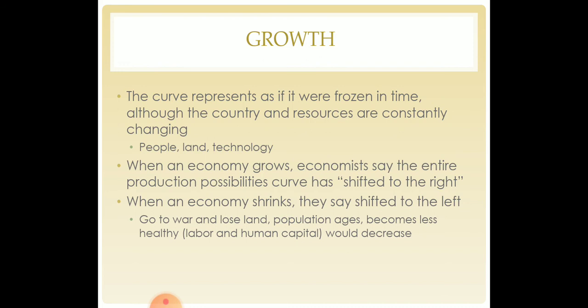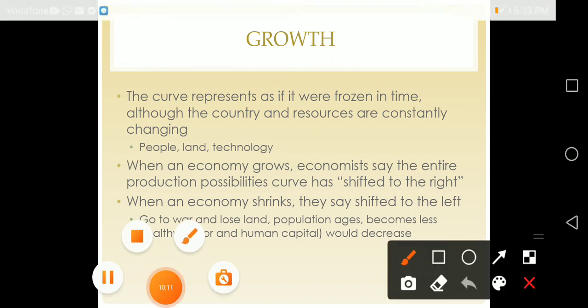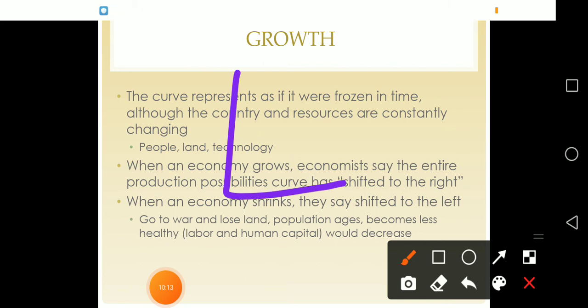People, land, technology. When an economy grows, economists say that the entire production possibilities curve has shifted to the right. This means my graph is like this, and I have here one curve.